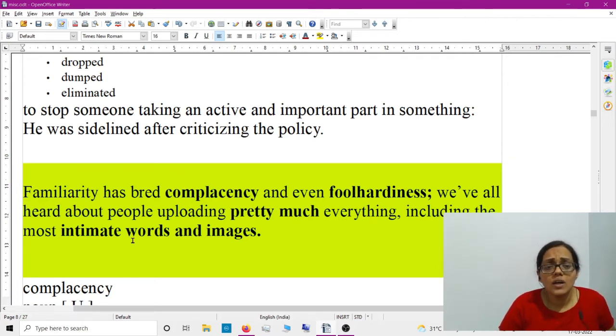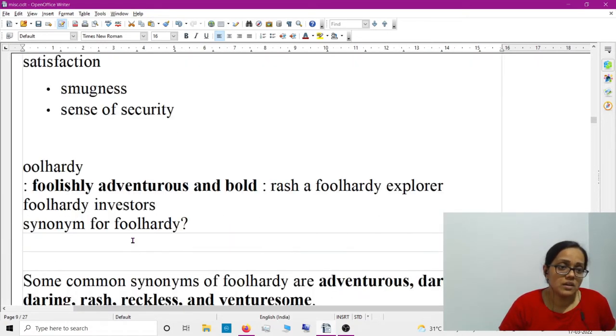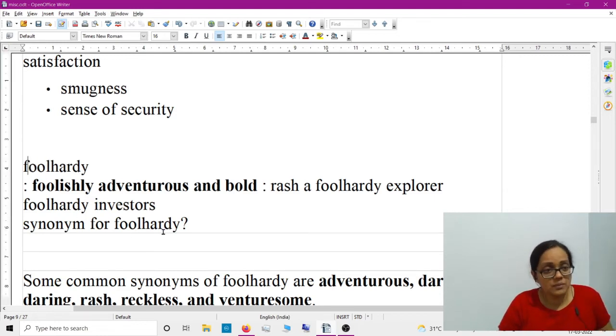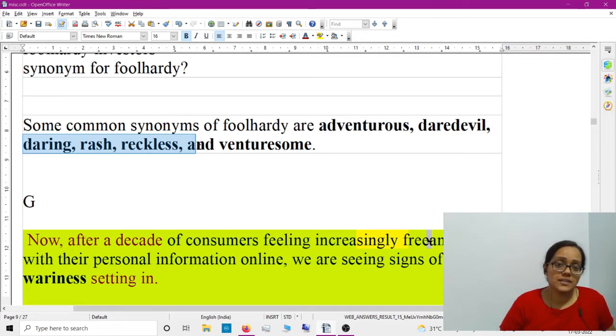We have all heard about people uploading pretty much everything, including the most intimate words and images. Foolhardiness means adventurous, daredevil, reckless, rash, daring.